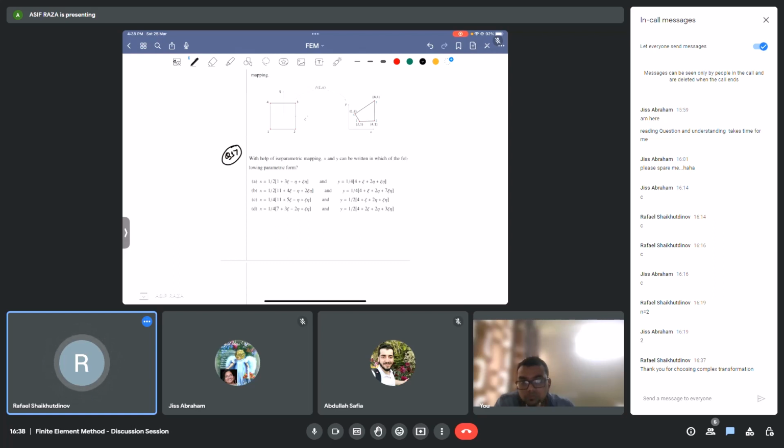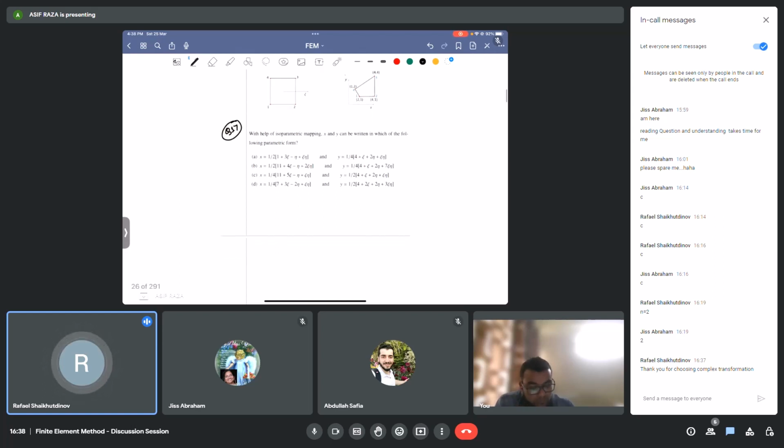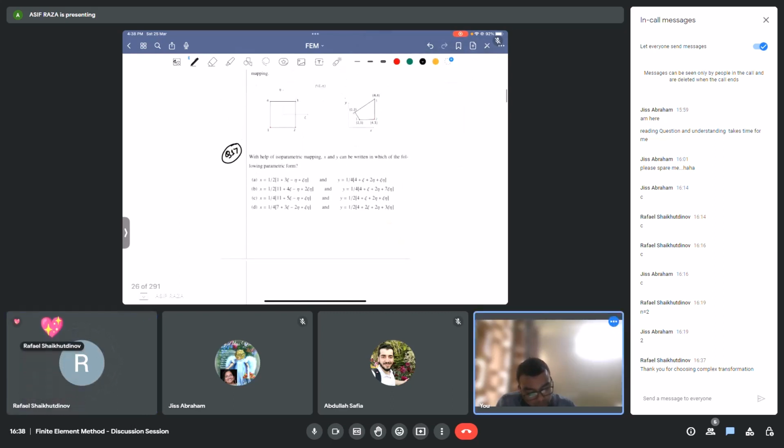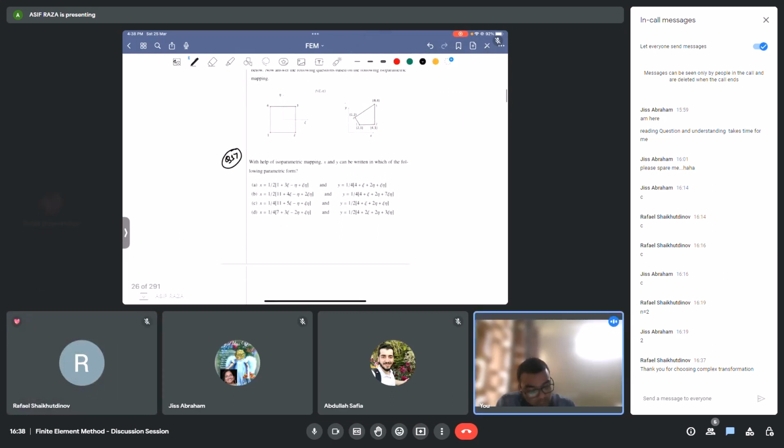We need to write down the nodal functions for the master element, and then use the coordinate transformation of x and y with respect to them. Yes, this is the first step, I believe. So I think everyone is on the same page regarding that. How do we start it?